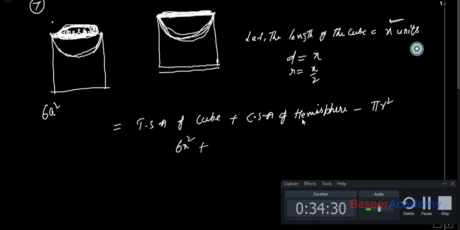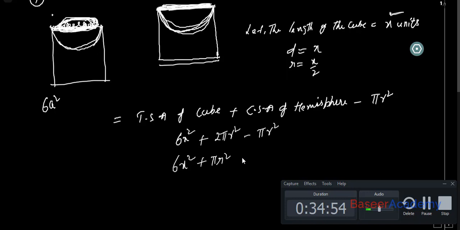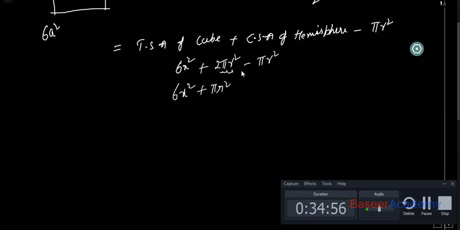Now CSA of hemisphere, curved surface area of hemisphere, is given by the formula 2 pi r square, right? And then this pi r square I'm writing as it is. So this becomes 6x square plus 2 pi r square minus pi r square, which would be pi r square.